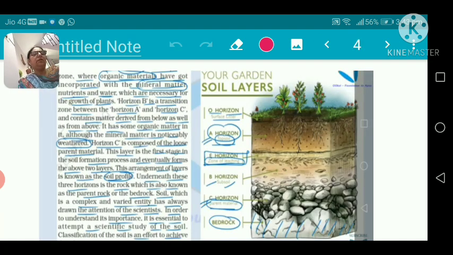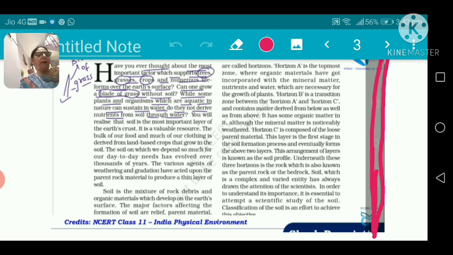As you have seen, you may have visited different parts of the country. You may have noticed that there are different types of soils, and whatever vegetation and other things are there are also growing in the different types of soils.